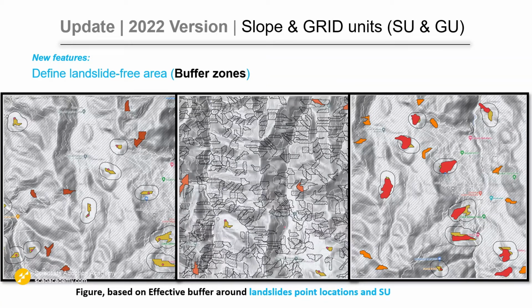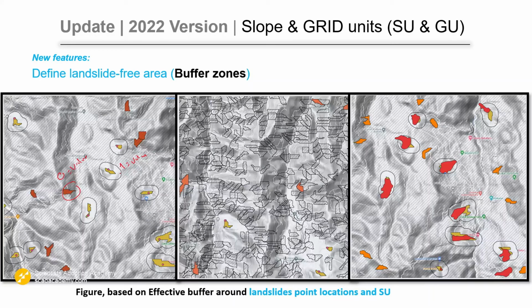This is another example of using the landslide points and slope units. This is again the buffer, as you can see here, and these are, let's say, the zero values, and this one represents the one value.